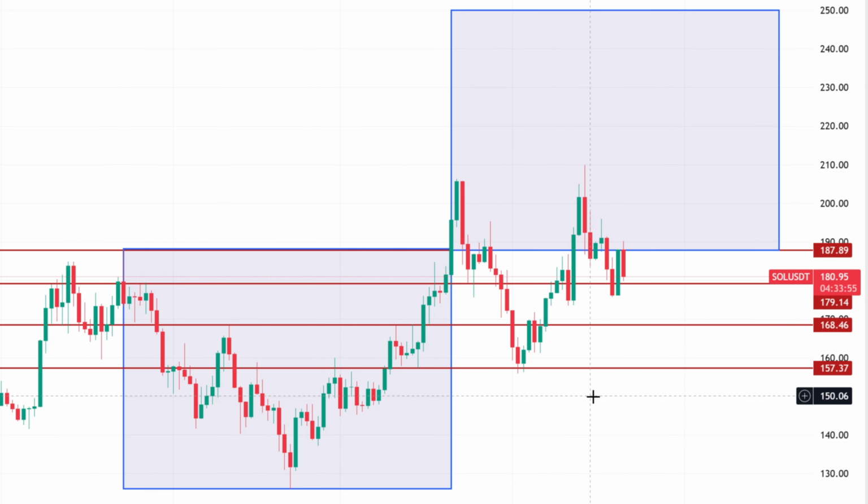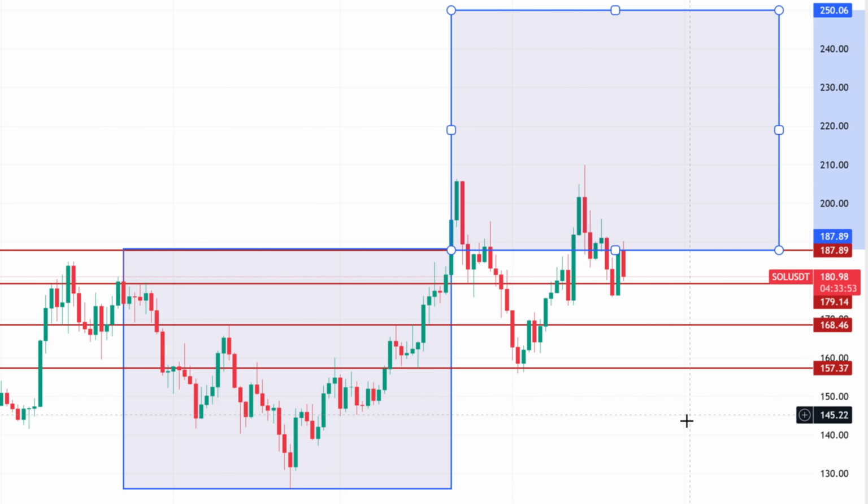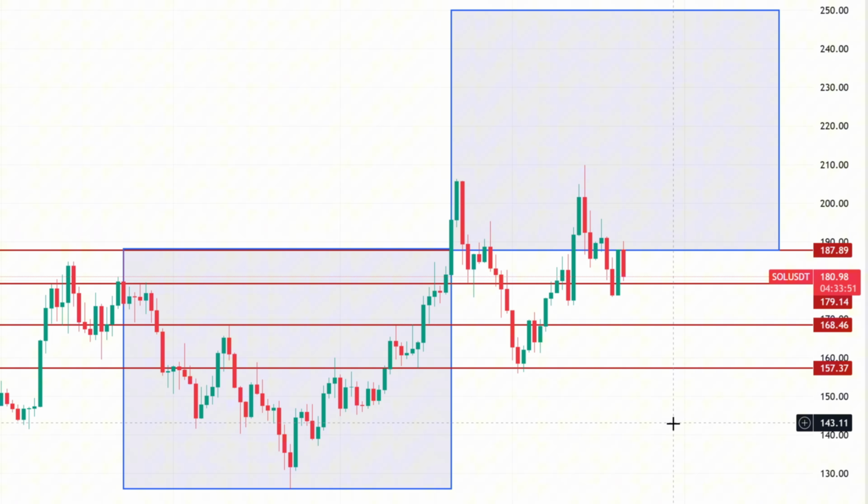So right now let's get to the bigger price target, the $250, because here we are also very close to invalidating the price target. You know that we always have two invalidation levels. The first one is price-wise, the second one is time-wise. And the price-wise invalidation level is this red line right here at 157.